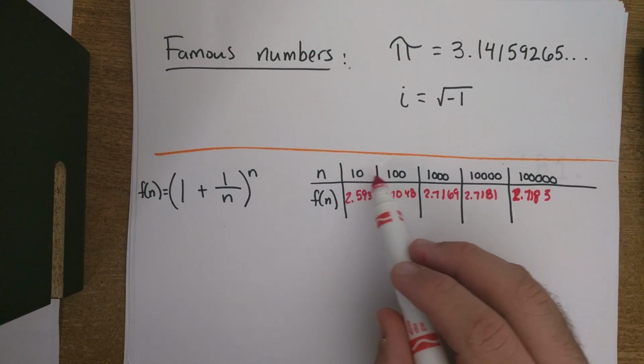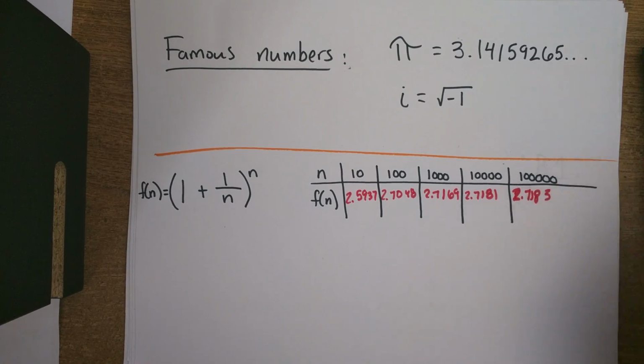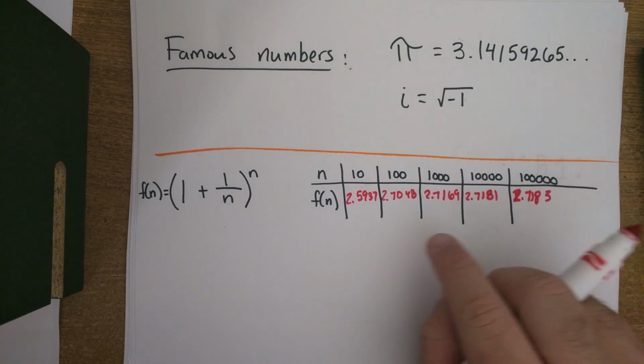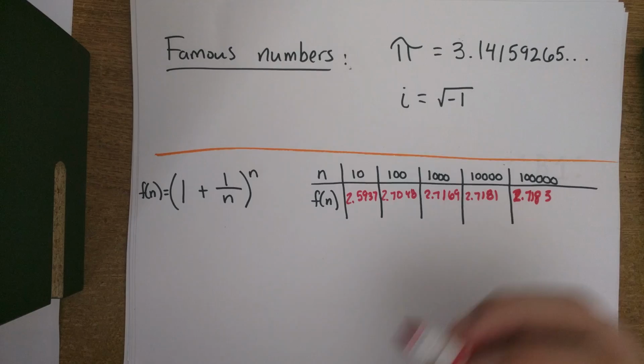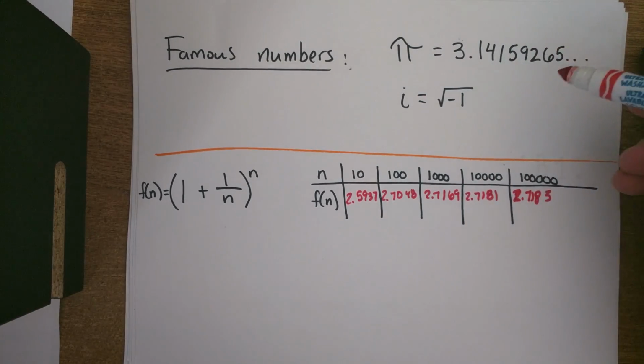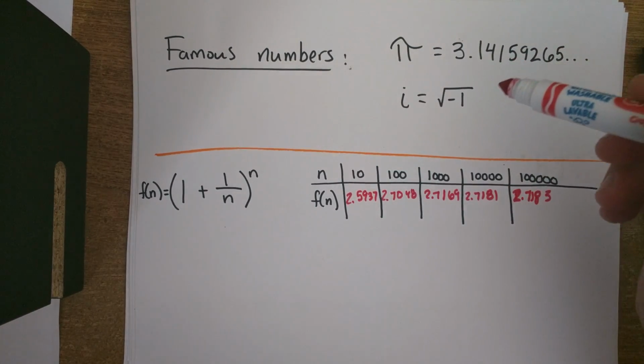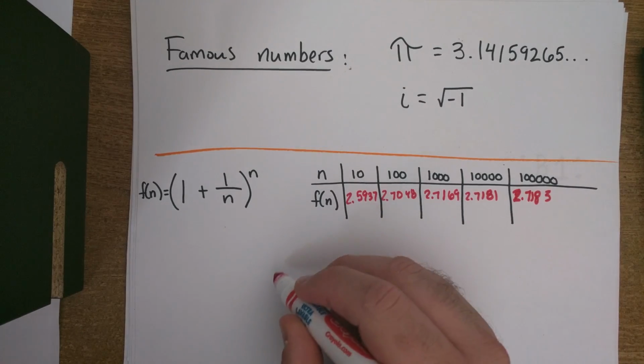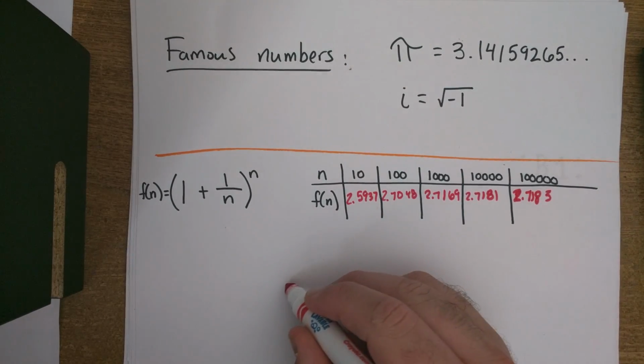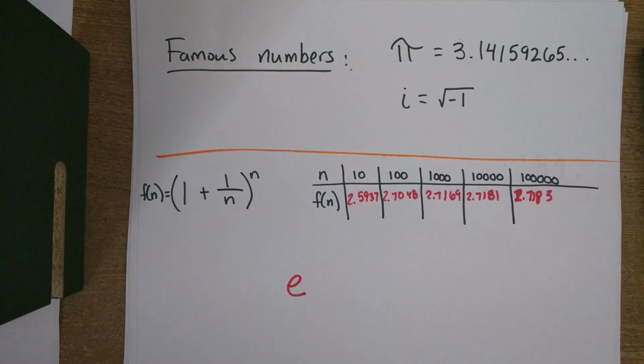As your n value gets bigger, and if you were to go even further, you're approaching a certain number. Kind of like how pi equals 3.14, and how i equals the square root of -1, the number that we're approaching is called e. e is, just like pi and i, a very famous number in math.